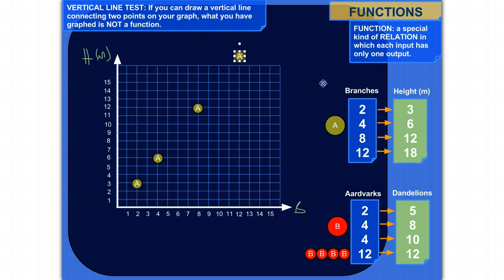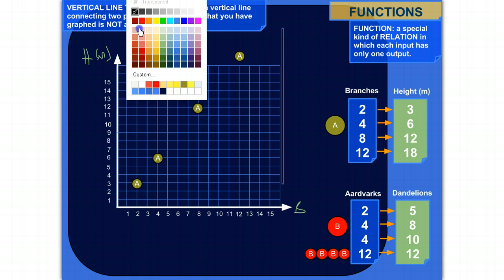It almost fit. Okay, so the vertical line test says if you can draw a vertical line connecting 2 points on your graph, what you have graphed is not a function. Or put it another way, if you draw a vertical line on your graph and you're not connecting 2 points, then it is a function. So just draw a line here. We'll move it around.